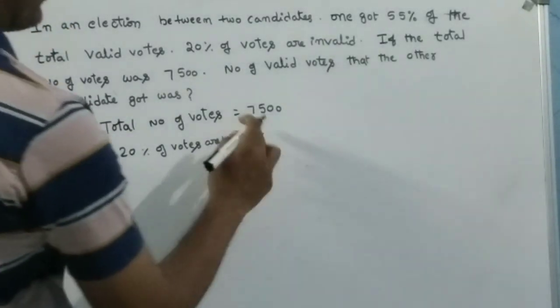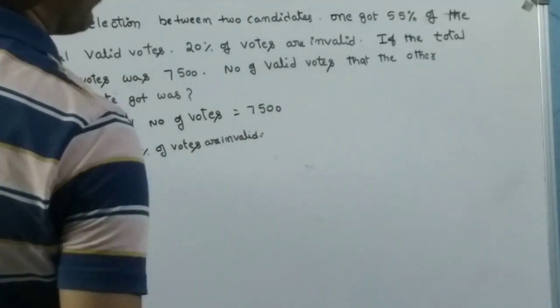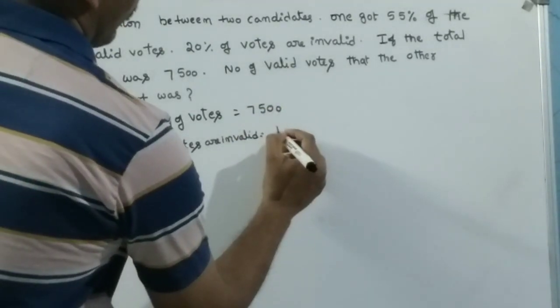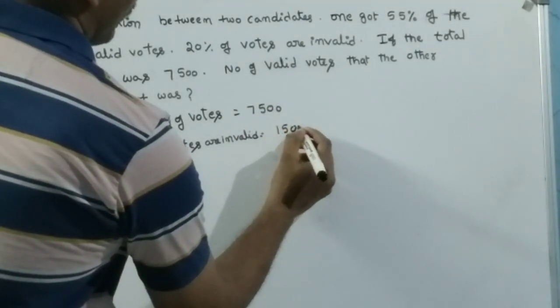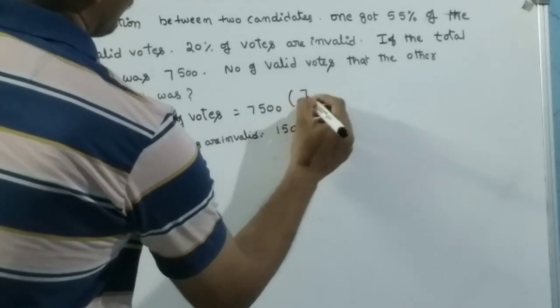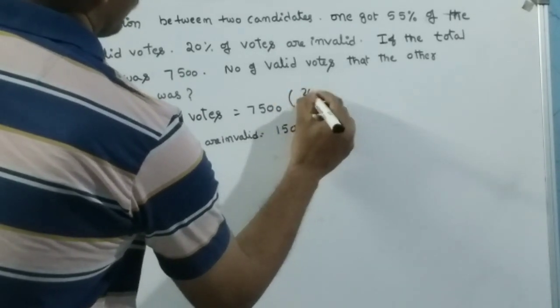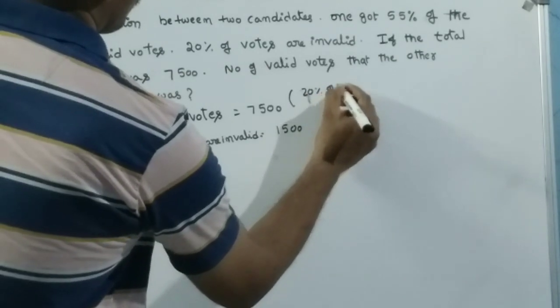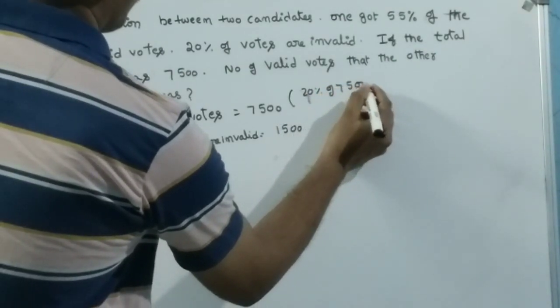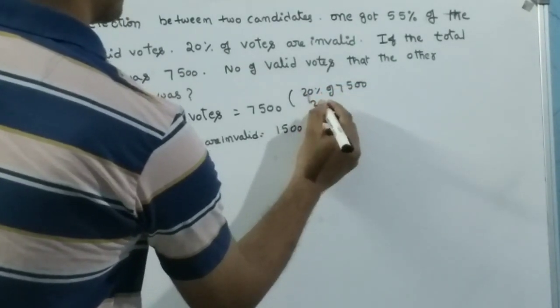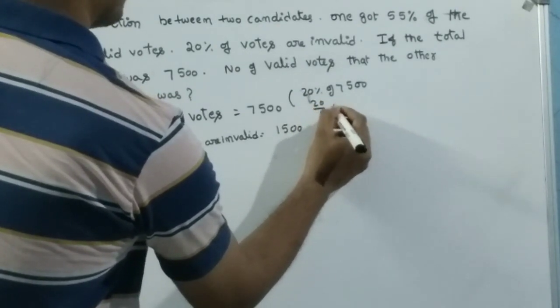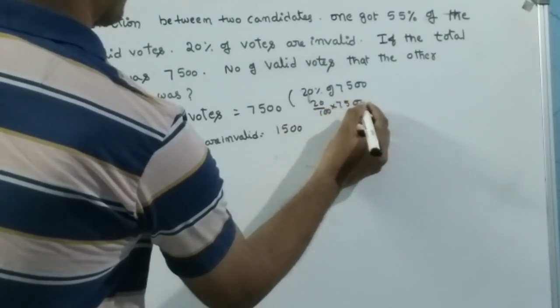That means how much is 20% of 7,500? 1,500 are invalid. See, can you calculate here? 20% of 7,500 means 20 by 100 into 7,500.